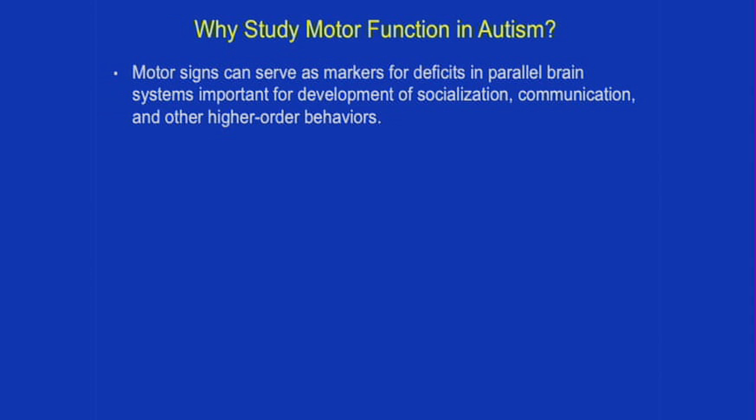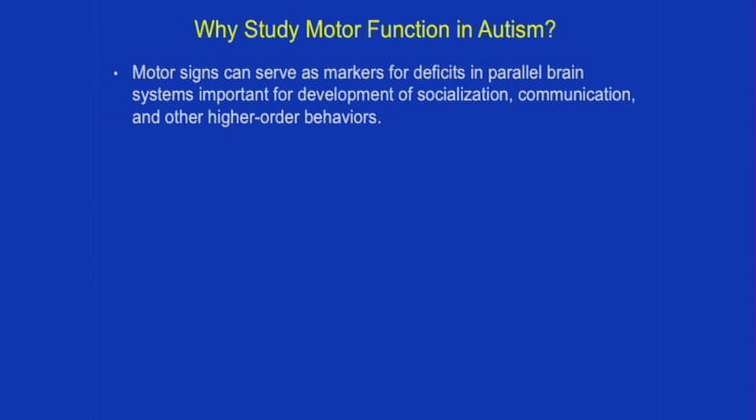And I would submit that we have good evidence, not only from autism but also from ADHD and other developmental disorders in which we've examined motor function, that the abnormalities you see at the motor level are neighborhood signs, so to speak, parallel to the deficits that you see in social and communication.